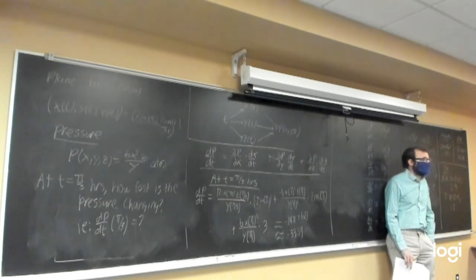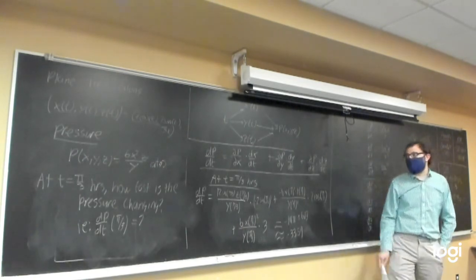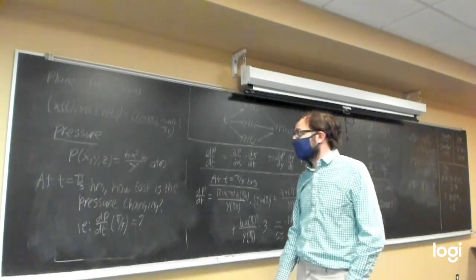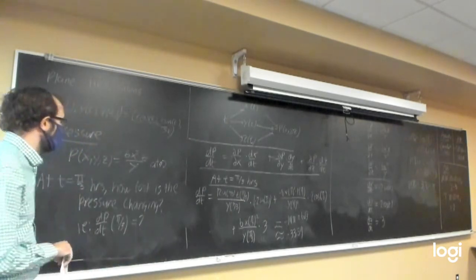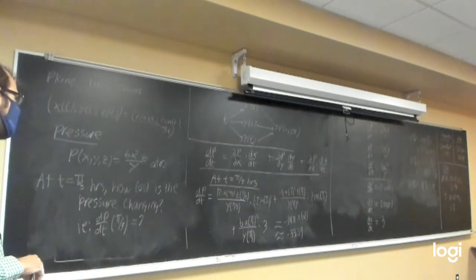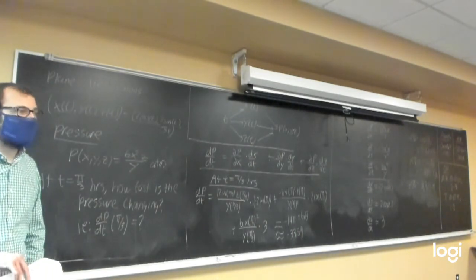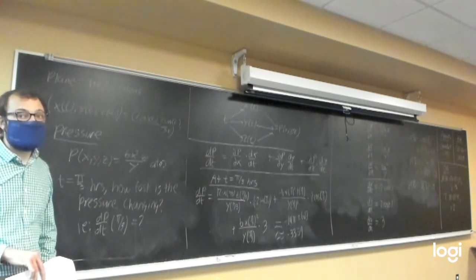And what are our units going to be? We're looking at the derivative of p with respect to t. P is giving us pressure, telling us how many atmospheres of pressure we have at any given point in time, and t is being measured in hours. What should dp/dt be measured in?